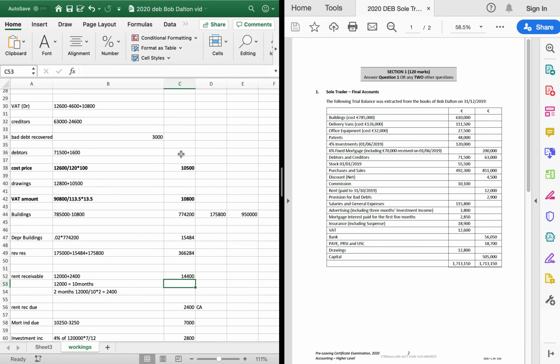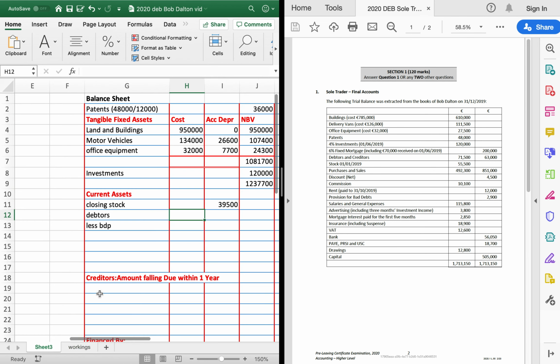Yeah, 71.5 plus 1600. So it is 73.1. There should be a BDP, provision for that, it's 2.9.